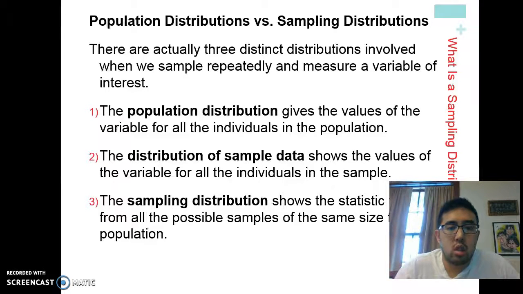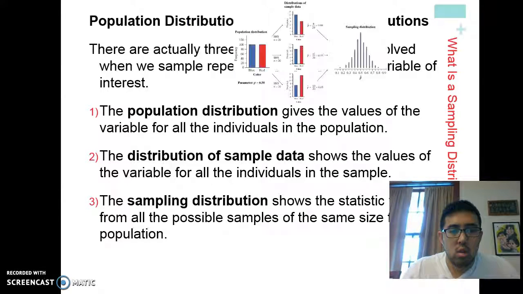The population distribution gives the value for all of the individuals in the population. The distribution of your sample data shows the values for all of the individuals within your sample. The sampling distribution shows all the possible statistic values of possible samples of the same size from the population. I know that's confusing, but when I show you a picture, hopefully it'll make sense.